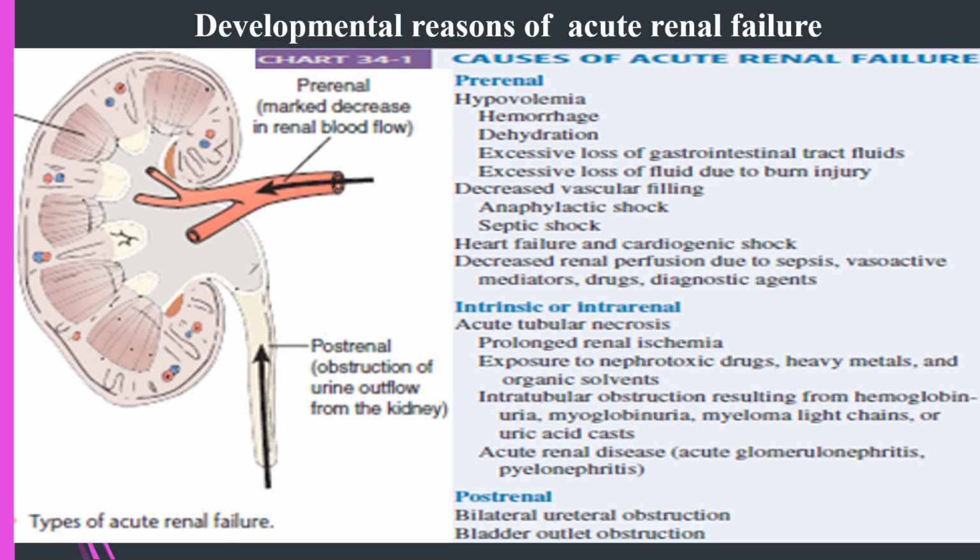Acute renal diseases may form acute glomerulonephritis and pyelonephritis. And postrenal causes, for example, may form obstruction of the urethral pathway and outlet obstruction.